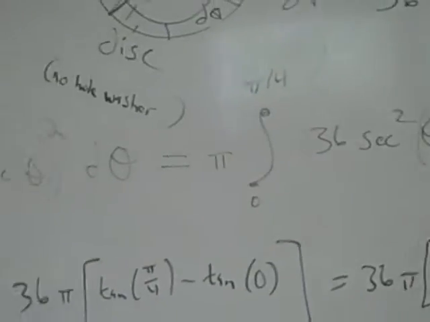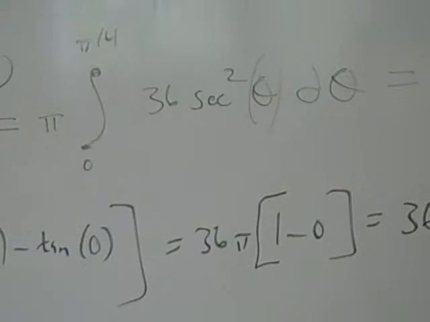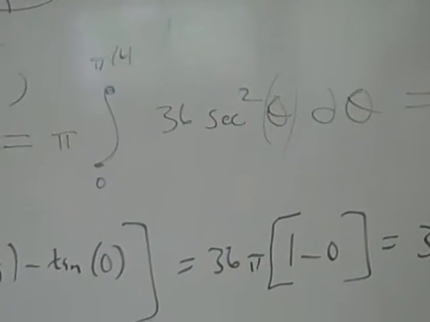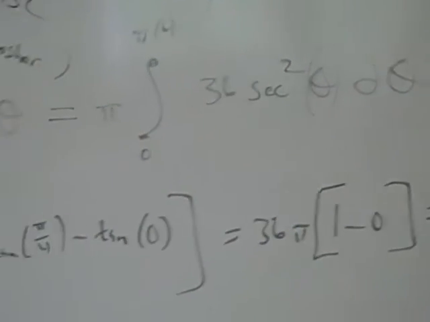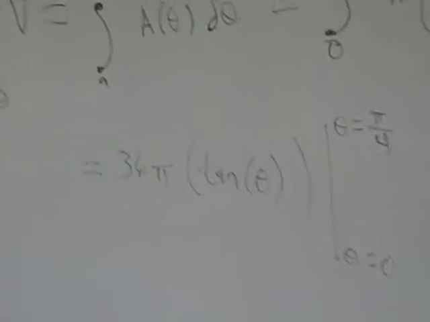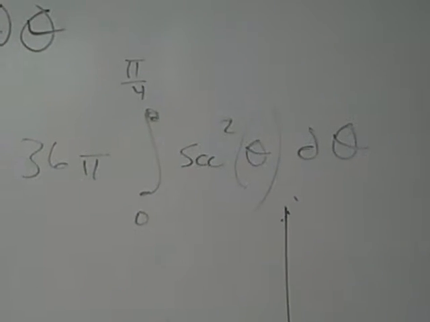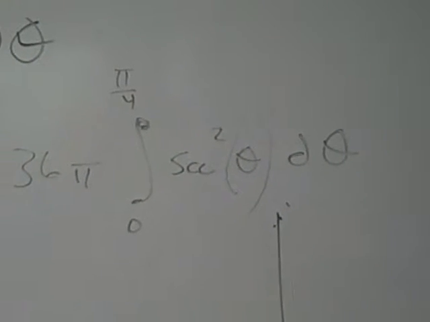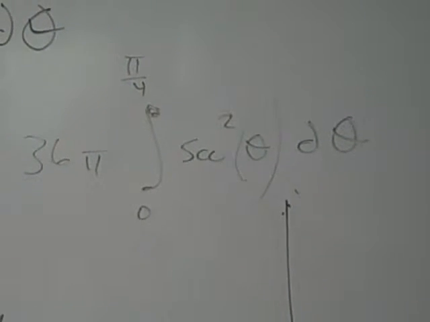And so that's going to be, now we square 6 sec theta, that's 36 sec squared theta times pi, integrating from 0 to pi over 4. We can yank the 36 out, it's just a constant. We yank the 36 out, 36 pi, 0 to pi over 4 integral of sec squared theta d theta.